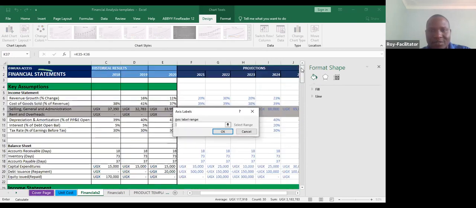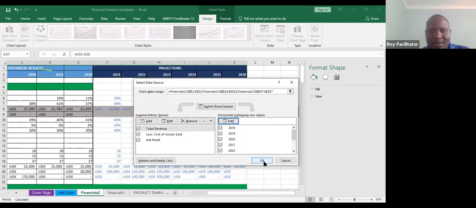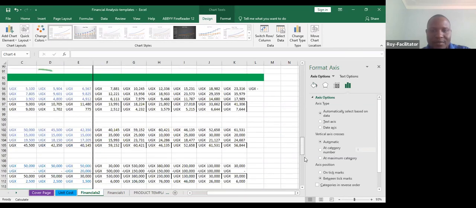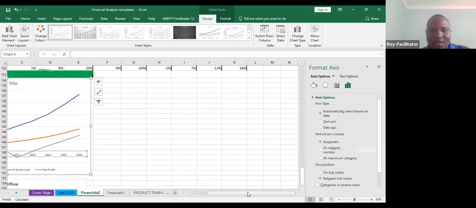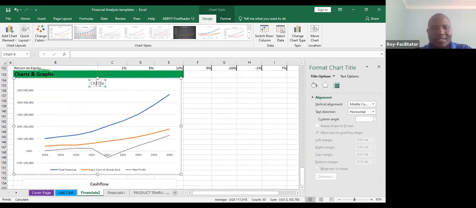The data I need to select is for the years, so I'll just pick this and say okay. Then I say okay. It will give me the right years. So there you go, graphical representation.